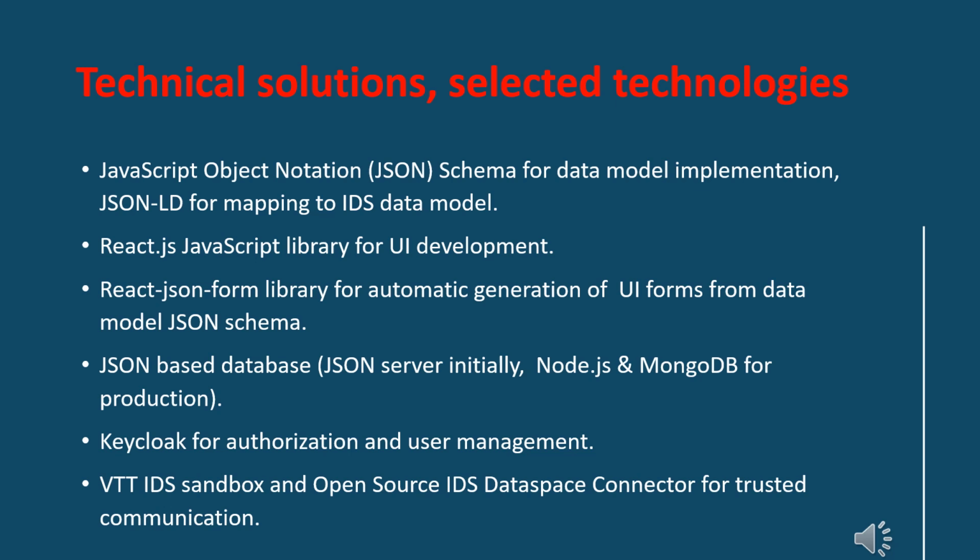The react-jsonschema-form library generates automatic user interface forms from the data model JSON schema. Authorization and user management is made with Keycloak service. VTT IDS Sandbox and open source IDS dataspace connector are used for trusted communication.